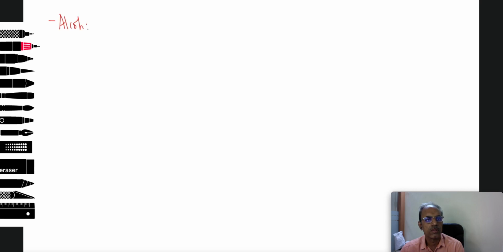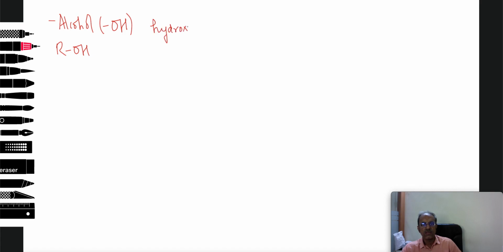Alcohol, which is denoted by OH, or you can say ROH. Alcohols here. Now, the prefix happens to be hydroxy, and the suffix happens to be ol.